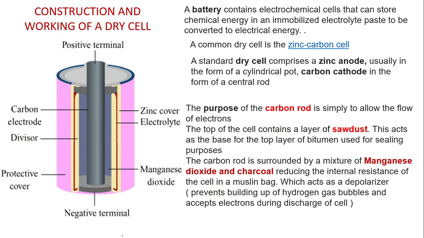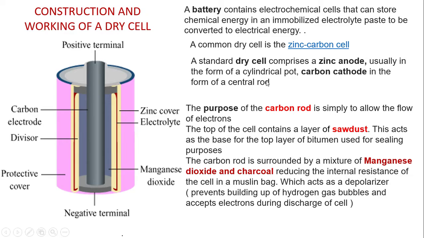To begin with, a battery contains electrochemical cells that can store chemical energy in an immobilized electrolyte paste, to be converted to electrical energy. So let's understand what a dry cell is.